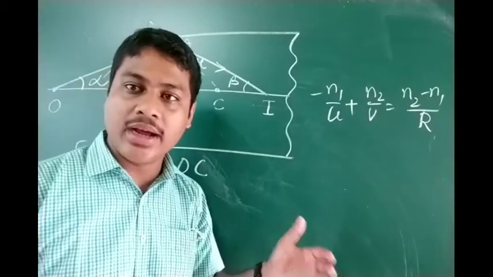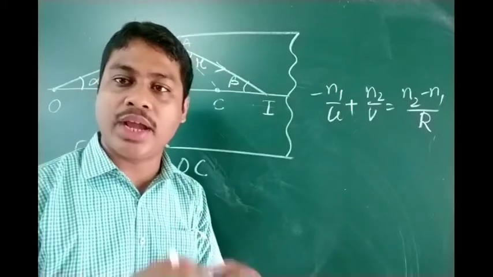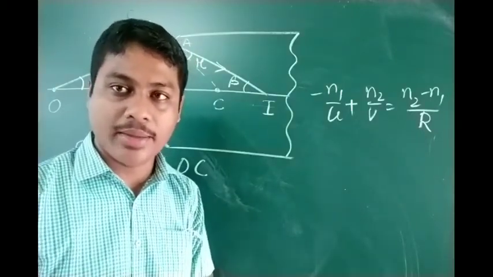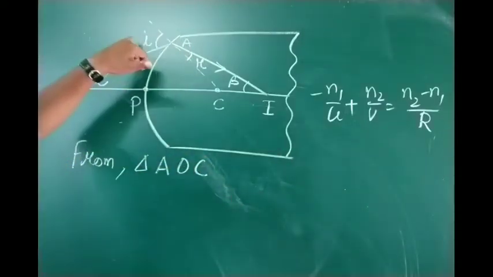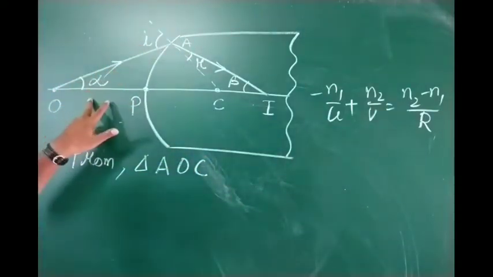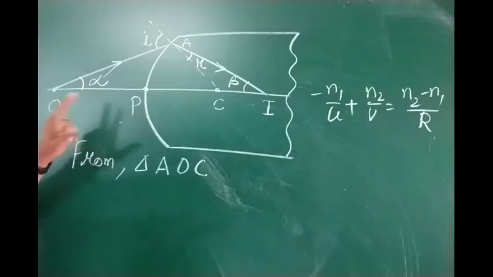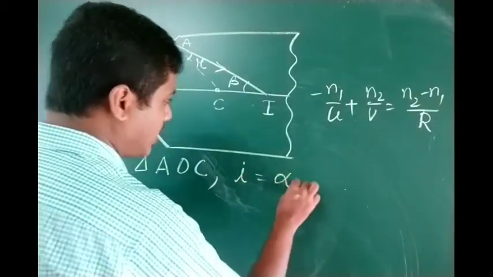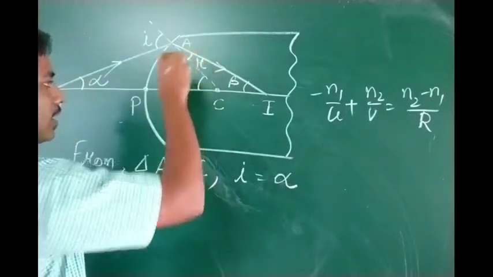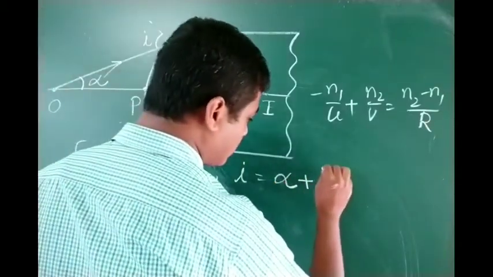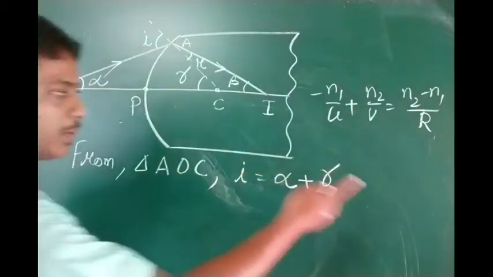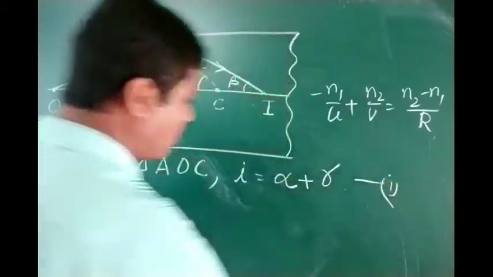The exterior angle is equal to the sum of the interior opposite angles of the triangle. So the angle I will be equal to angle alpha plus angle gamma. Mark this angle as angle gamma. So I is equal to alpha plus gamma. Mark this as equation number 1.